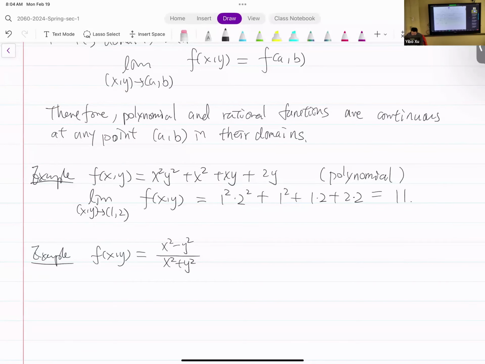Okay. So this is what's called a rational function. We have seen this one when we take the limit when the xy pair approaches the origin, right? So this is a rational function. This is a fraction of polynomial functions.